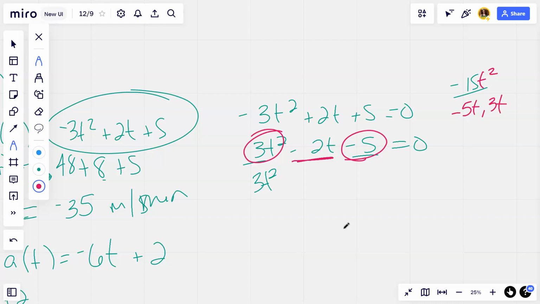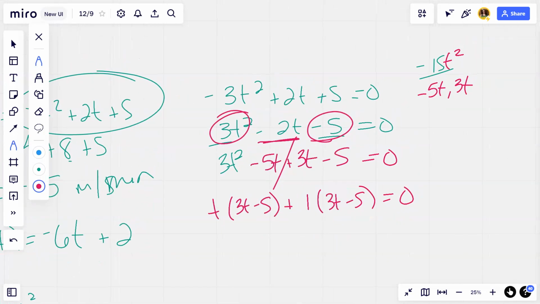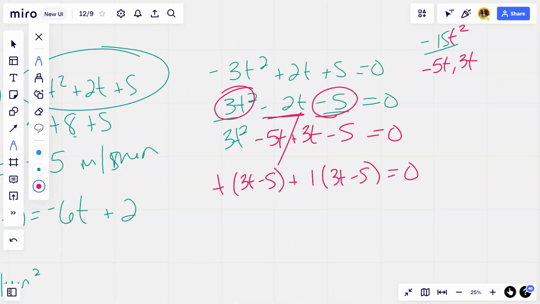So instead of this being negative 2t, I'm going to write it as negative 5t plus 3t, because that's the same thing, right? And then I can split it up. Take out a 1, because it didn't have a GCF there. Now I'm good to go.